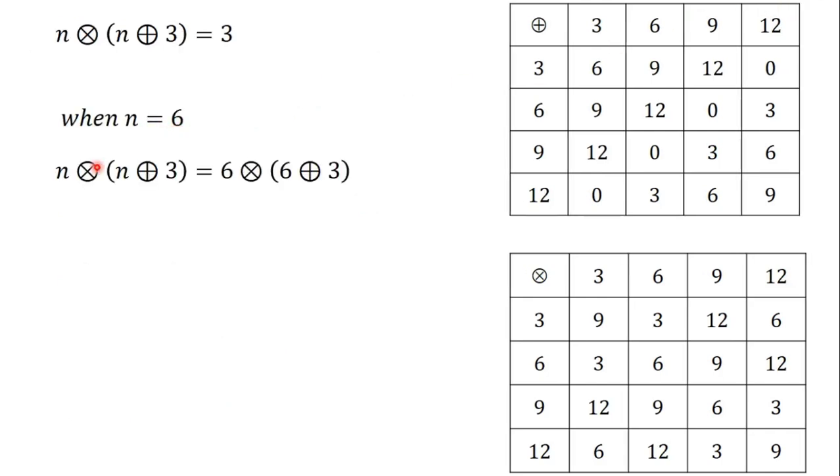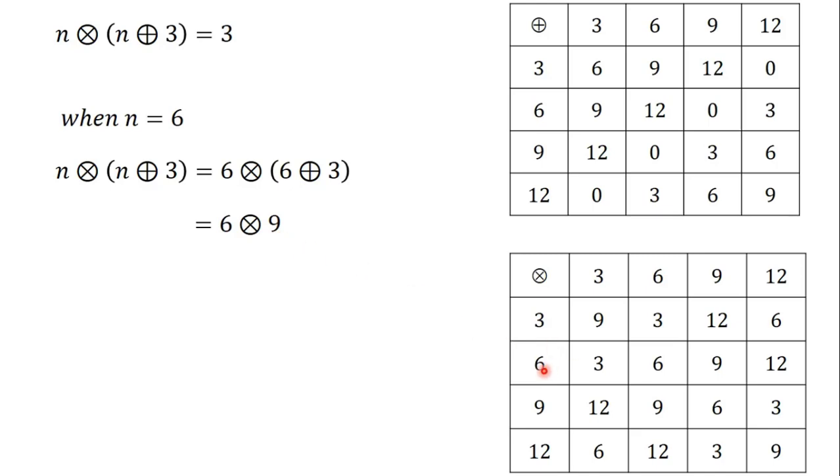When n is equal to 6, n times into bracket n plus 3 will become 6 times into bracket 6 plus 3. We are going to find 6 plus 3 from the addition table. From the addition table, 6 plus 3 will give us 9. So you have 6 times 9. You will find 6 times 9 from the multiplication table.